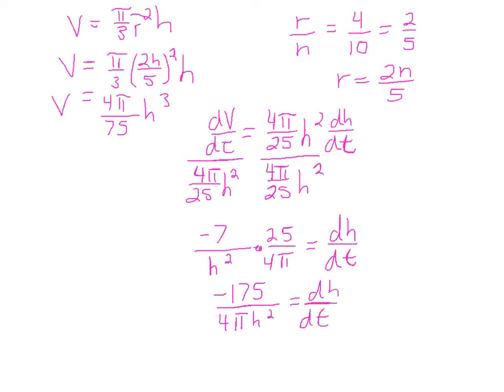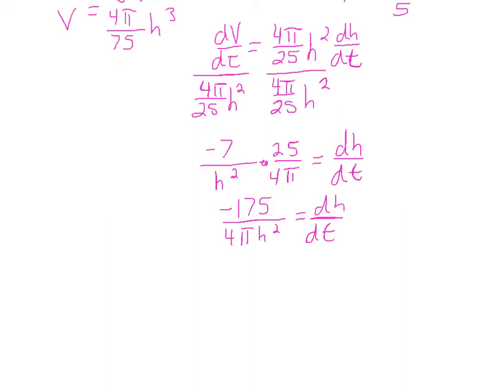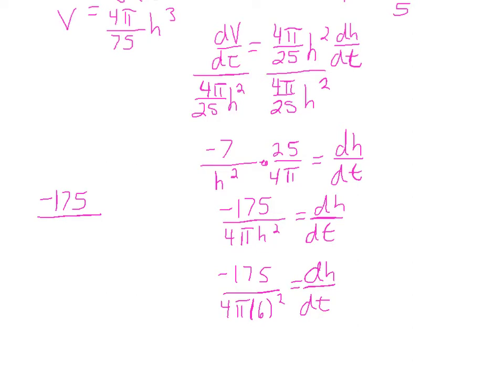So now we want to know what the rate is of our height when h equals 6. So we'll plug in 6 for h. So we get negative 175 all over 4 times 36, which is 144 pi.